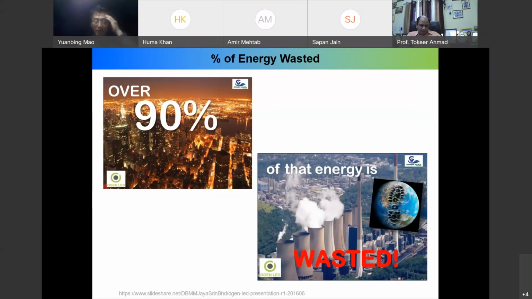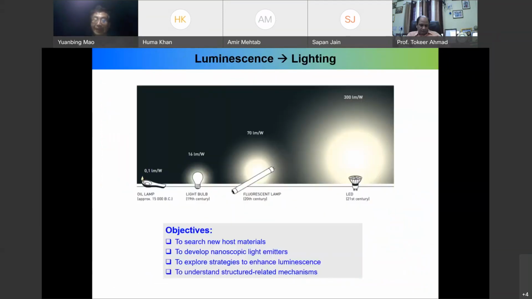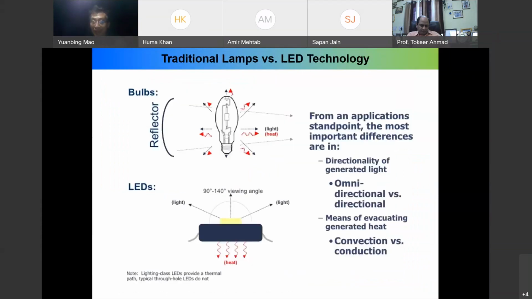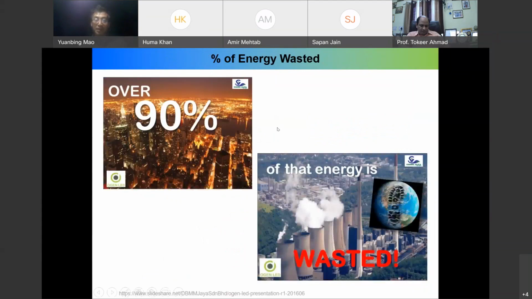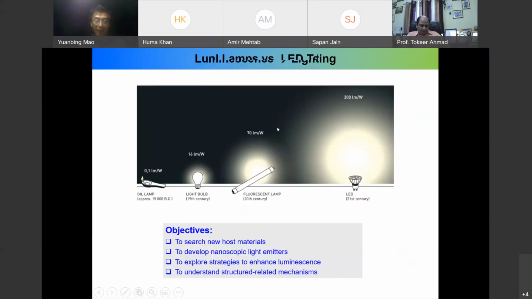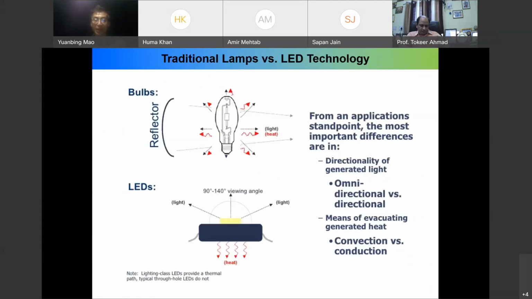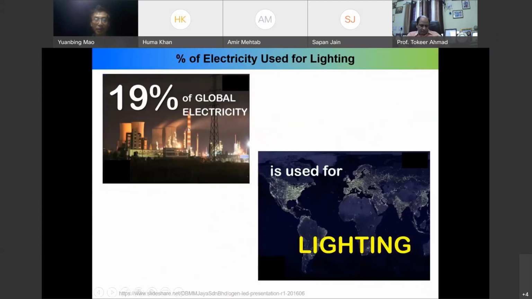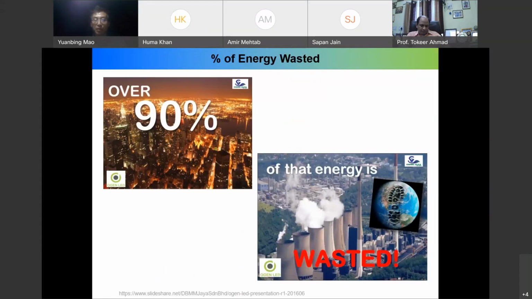That is really wasted, and also because of the directionality. With the old lamps, the light bulbs or the fluorescent lamps, a lot of light is given to directions where we don't want it to go. So that's why over 90% of that energy is wasted.